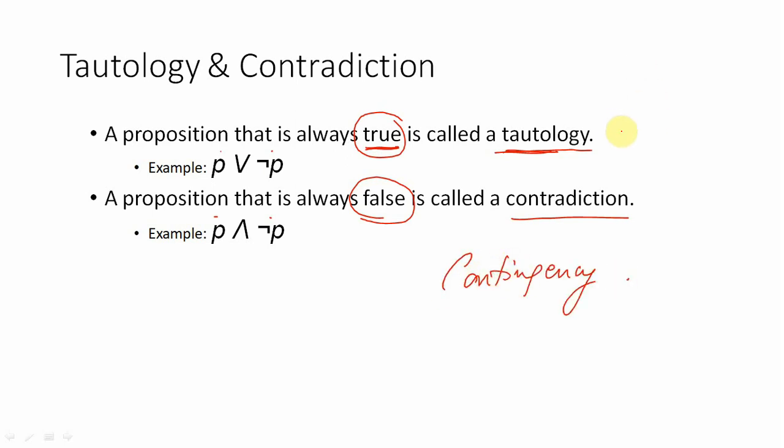That means a proposition which is neither a tautology nor a contradiction is a contingency. Let us say P and Q. Depending on P and Q, this might have some values of true and some values of false. So this is called a contingency. Tautologies and contradictions are quite important when talking about logical equivalences, or when we'll be talking about the validity of arguments. So please keep this in mind. A proposition which is always true is called a tautology. A proposition that is always false is called a contradiction.